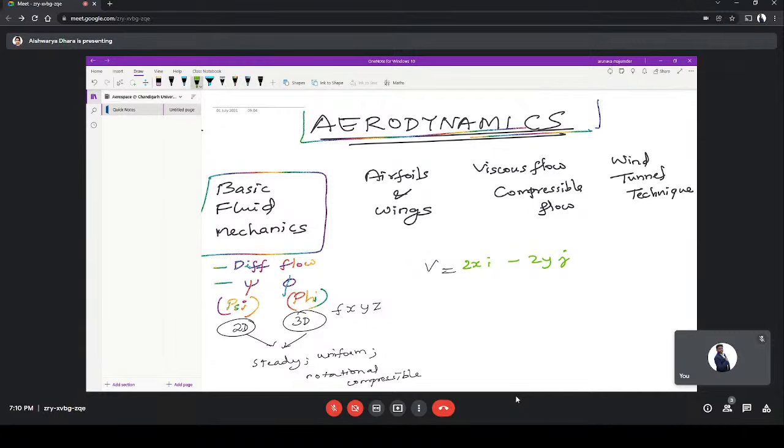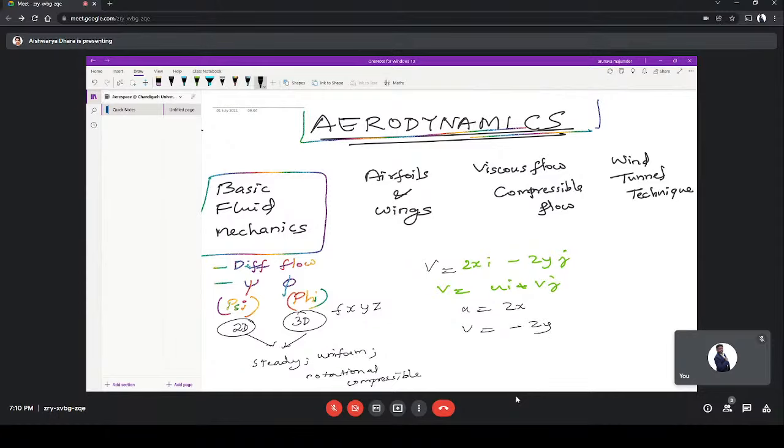There are ways to find out using v equals u i plus v j, a basic standard formula. So you know what u is? u is the velocity component along the x direction, which is 2x, and v is the velocity component along the y direction, which is minus 2y.